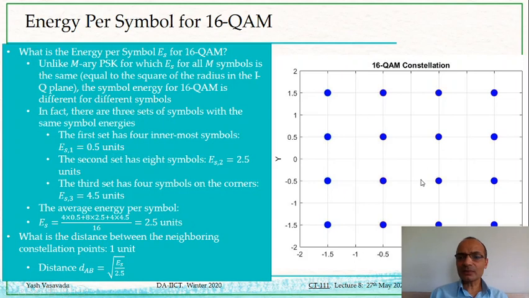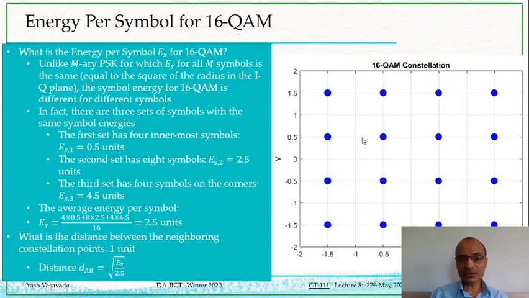The first type has these 4 innermost symbols, and their energy is 0.5 units. If you take the square of 0.5 x-axis, 0.5 y-axis, you get 0.5. Then there are 8 other symbols: 1, 2, 3, 4, 5, 6, 7, 8. These 8 symbols again have the same energy, which is 2.5 units.